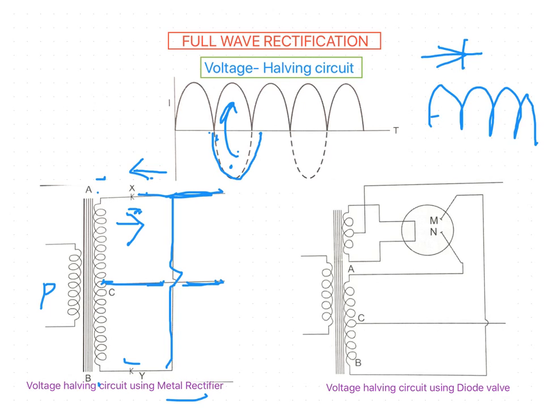So this one obstructs the flow of electrons at A. Then how can we get the unidirectional flow now? If you see at the center of the secondary coil, at point C, this is midway between A and B.